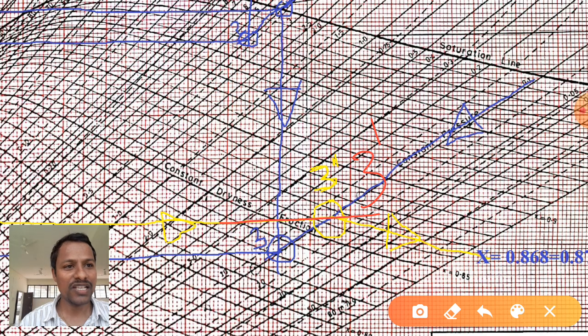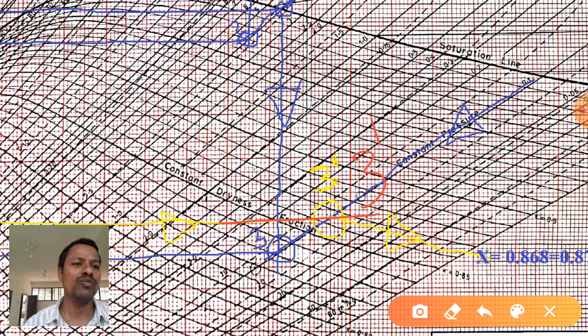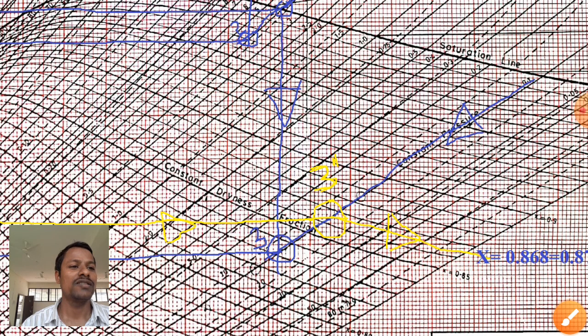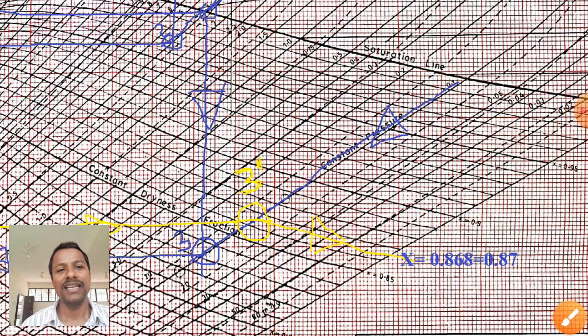So this is the 3 dash, and if I move along, parallel to the constant dryness fraction lines, I will be able to get x3 dash as 0.868, which is almost equal to 0.87.